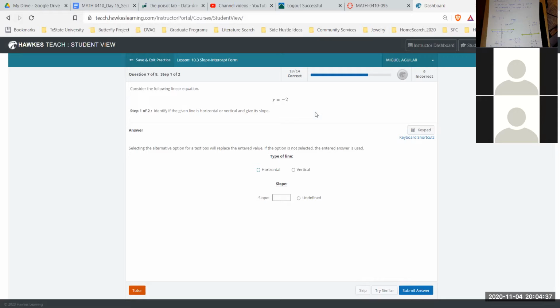Okay. So, like I said, this equation says y is equal to negative 2. So because there's no x variable, I know that this is a horizontal line.